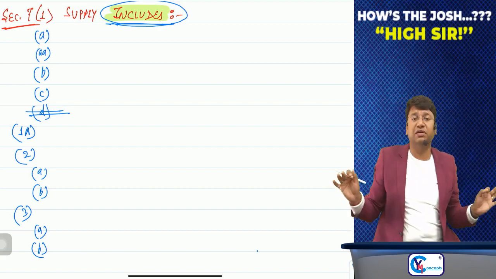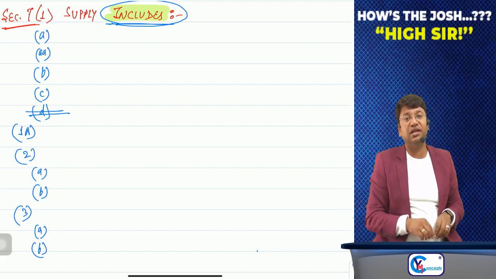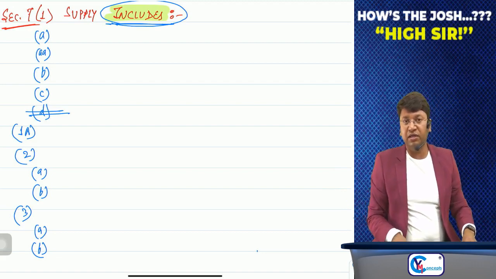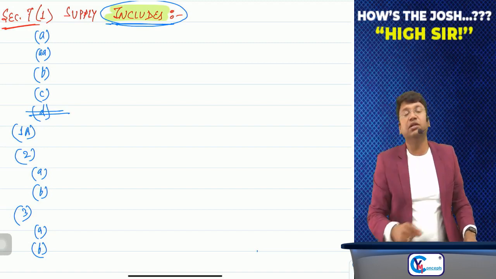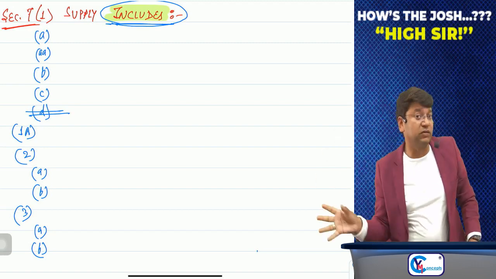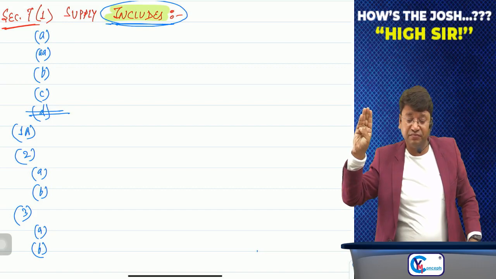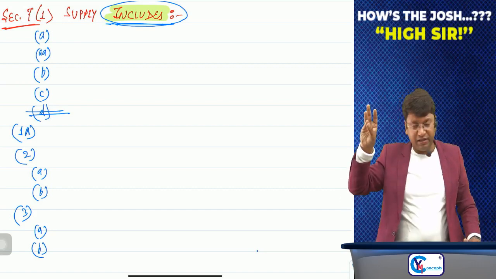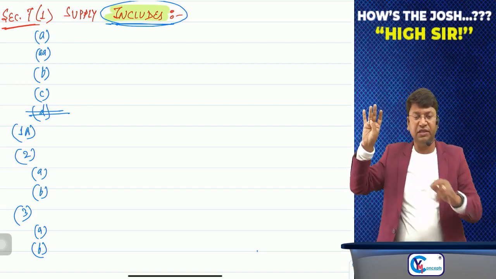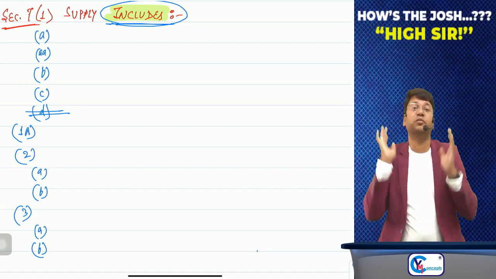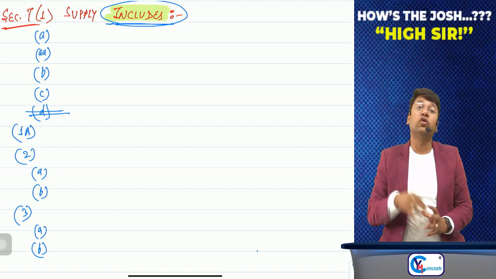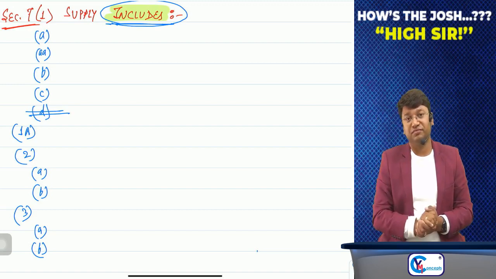Means everything is covered. See, not only central excise duty or VAT is included, supply of services, service tax is also merged in GST. So the term supply includes all forms of supply such as sale, exchange, barter, transfer. I'll give an example of each and every transaction. Lease, license, rental or disposal of goods or services or both.